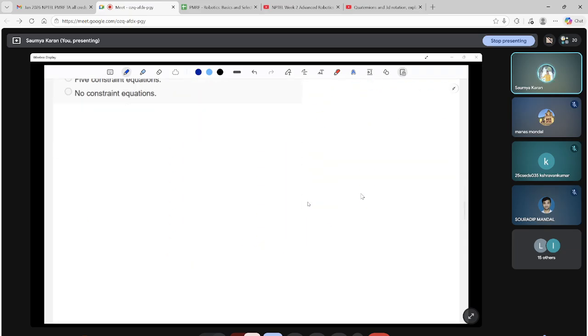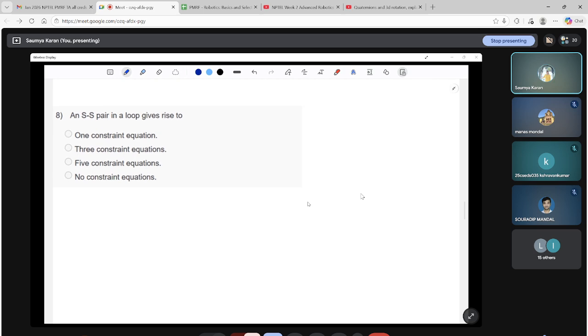So let's move to the next question. Here we are talking about spherical joints, and an SS pair in a loop gives rise to how many constraint equations is the question. So let's see. What does SS pair mean first?